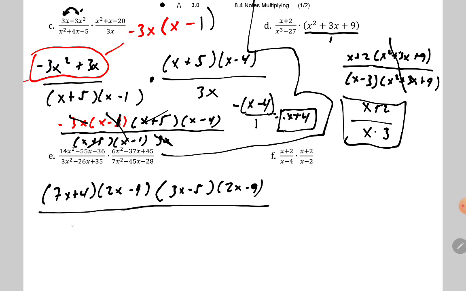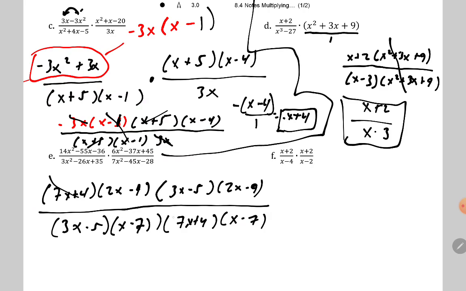Divided by 3x minus 5, x minus 7, 7x plus 4, x minus 7. Cancel off what we can.